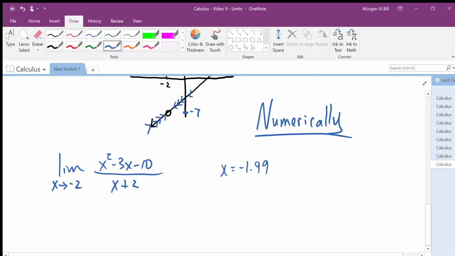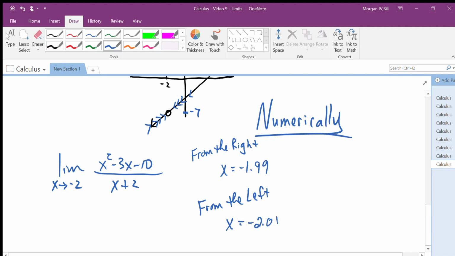It's pretty close to negative 2. So this is like from the right. And then from the left, something a little bit less than negative 2. Let's take a look at maybe x equals negative 2.01.